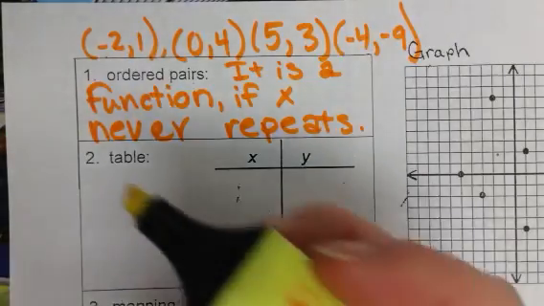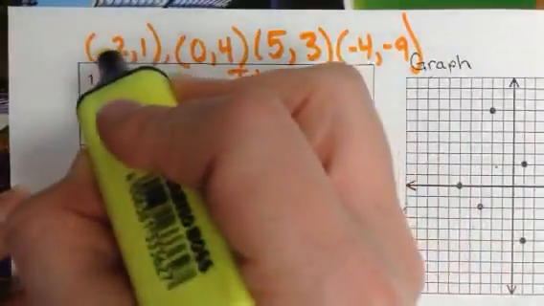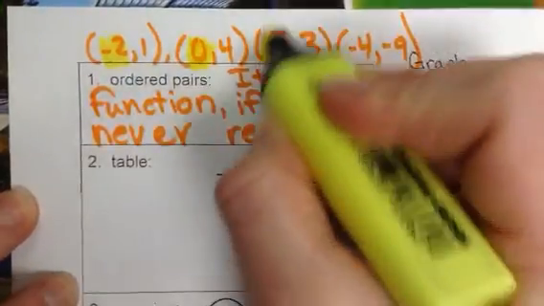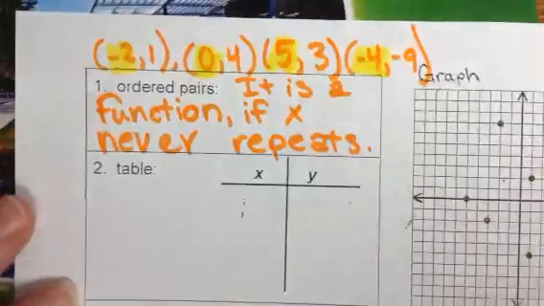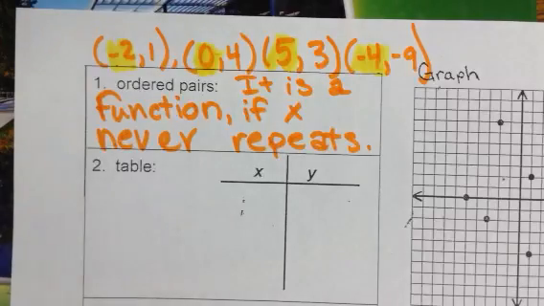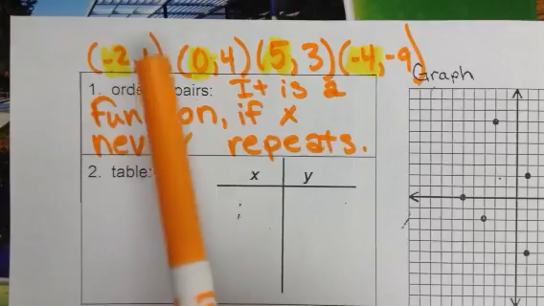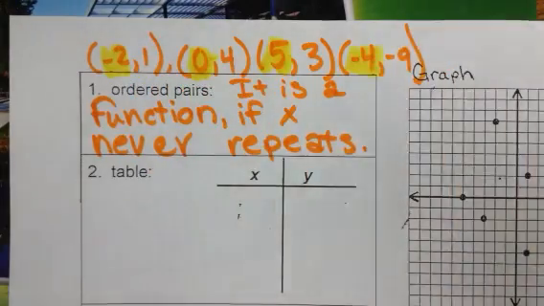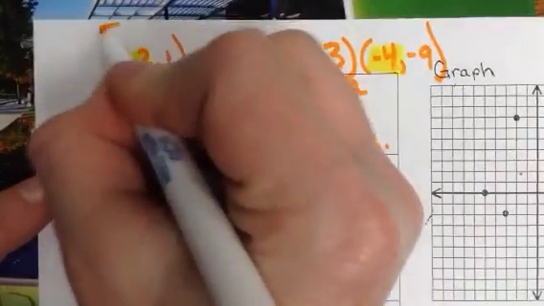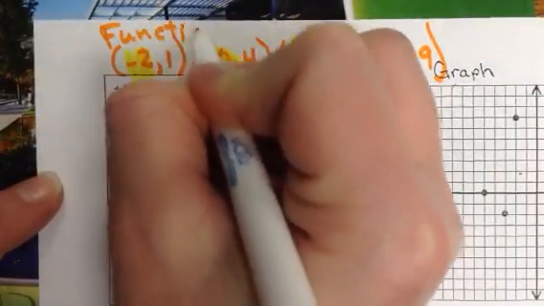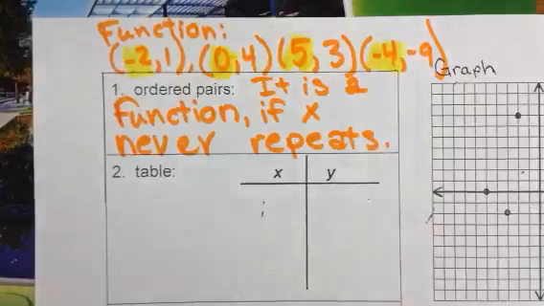So for ordered pairs, you should know that the x coordinate happens first because it lists the x number and then the y number. So that's the only part I have to pay attention to help me decide. I have -2, 0, 5, -4. The x number never repeated, therefore this example is a function.